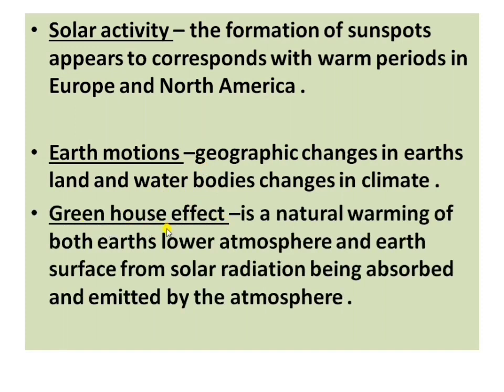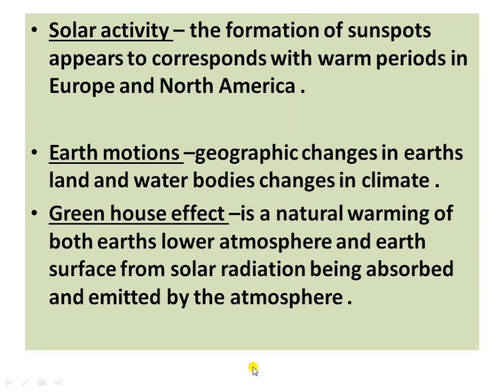Next we have the greenhouse effect. The greenhouse effect is a natural warming of both the earth's lower atmosphere and the earth's surface from solar radiation being absorbed and emitted by the atmosphere. In simple terms, the greenhouse effect is a natural process that warms the earth's surface.